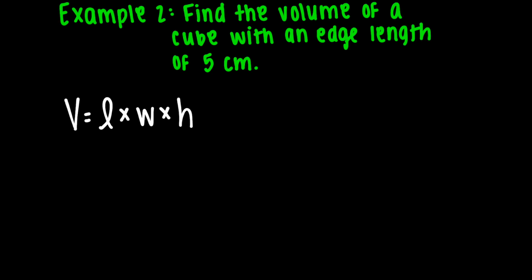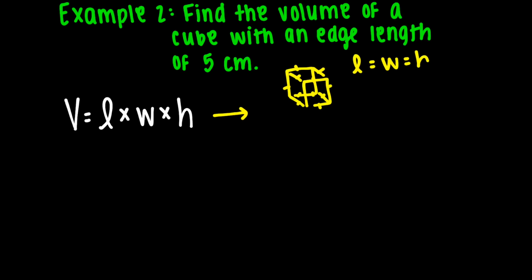Now we can write this in another way because we know that in a cube, which looks something like this, all of these sides, all these edges, are the same length. So that means my length is equal to my width, which is equal to my height. All 3 of these measurements are the same in a cube.